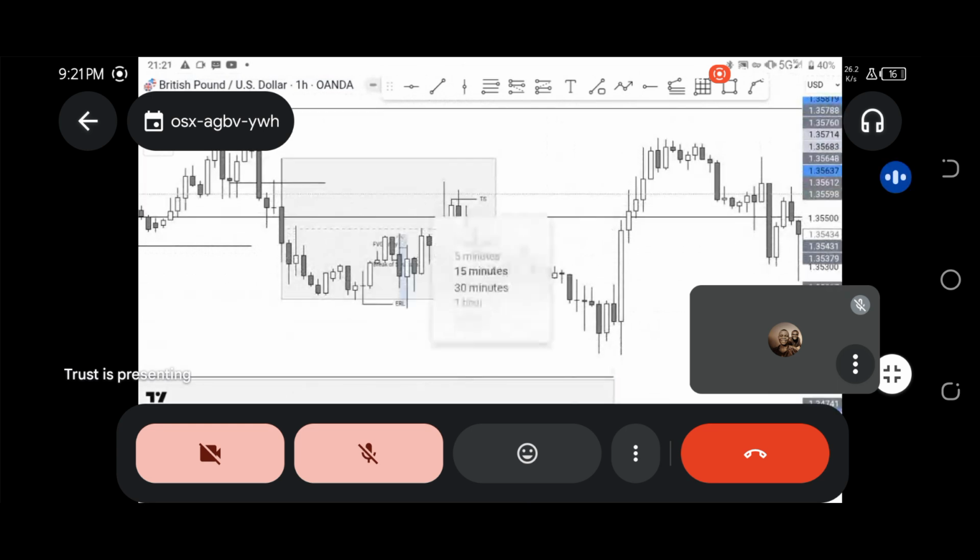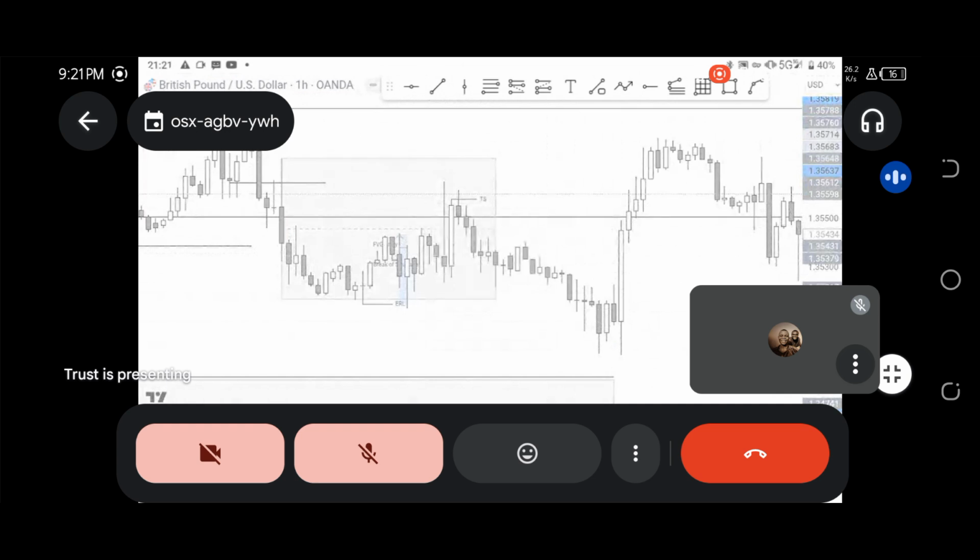Let's start with the 15, sorry, the 5 minutes. TradingView allows us to see that area.